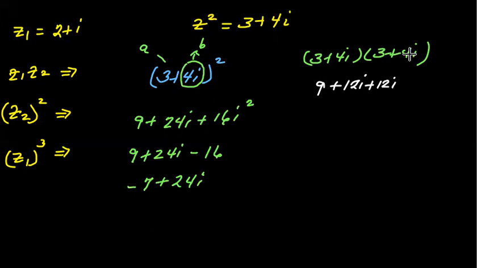And 4i times 4i is 16i squared. So this is 9 plus 24i minus 16. Minus 16 because i squared is negative 1. So 9 minus 16 is minus 7 plus 24i.